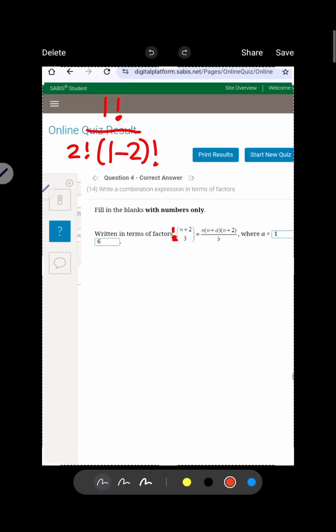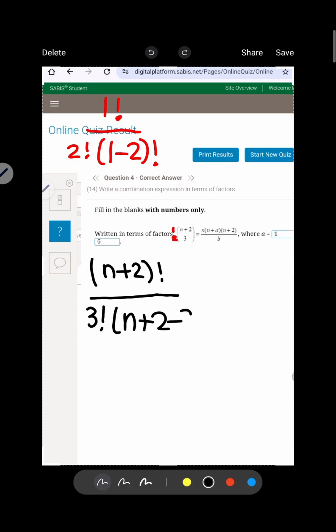Yeah, so what this means is you're going to apply the rule. (n plus 2) factorial over 3 factorial times (n plus 2 minus 3) factorial. Now, here you will get (n plus 2) factorial over 3 factorial, and you have to simplify this.